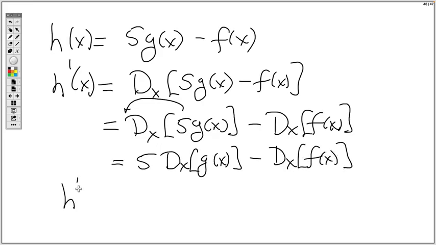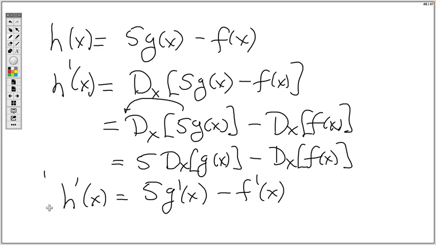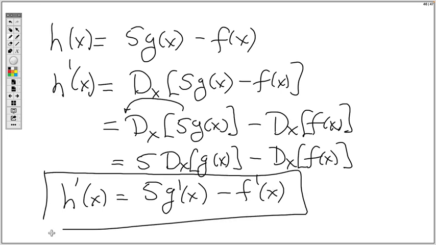And now I'll just use the more familiar notation. Derivative of g of x is what we call g prime of x. Derivative of f of x is what we're calling f prime of x. And this gives me a formula for h prime of x. Make sense or not, folks? So now I can just plug in any x I want.